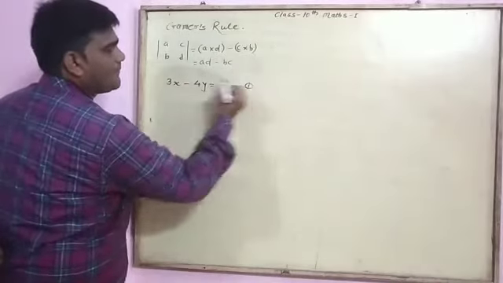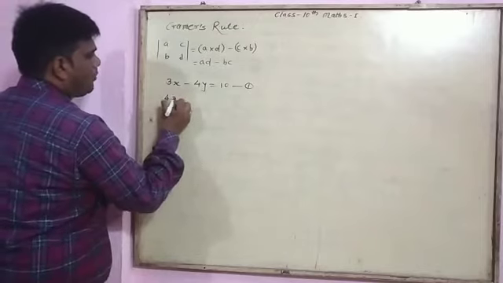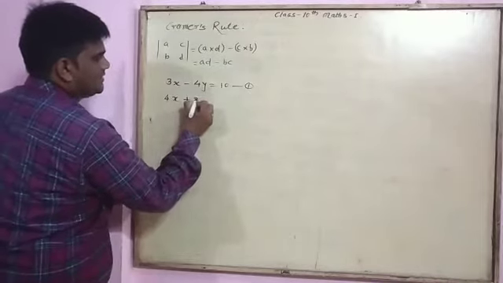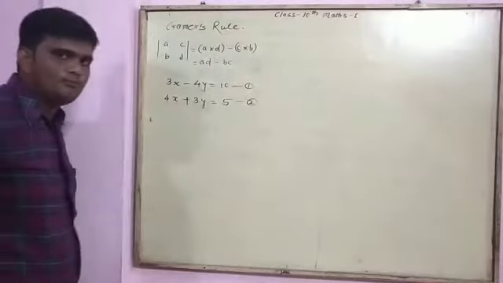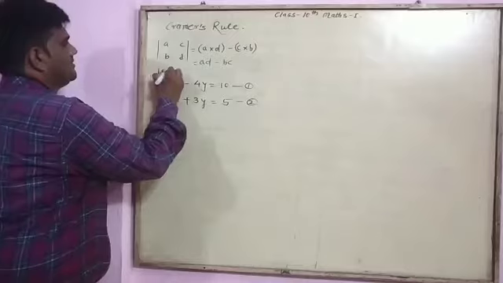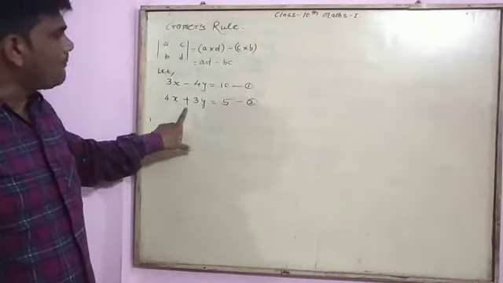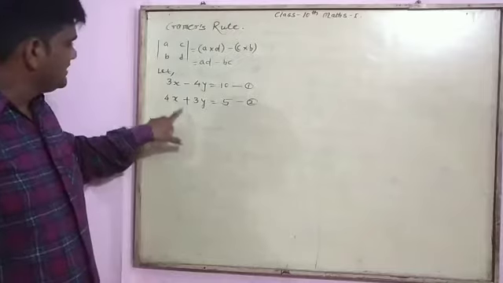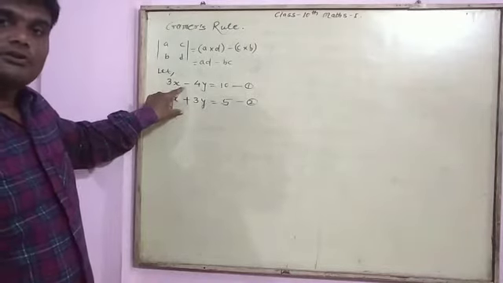This is equation number 1. And 4x plus 3y equal to 5. This is equation number 2. We have to find the solution of these two equations by Cramer's rule.